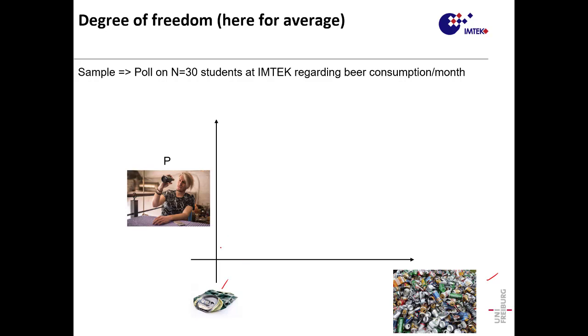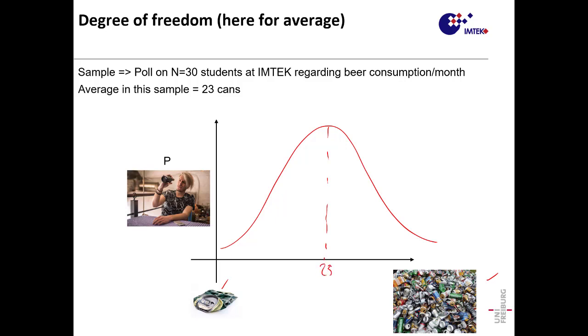And then maybe there's going to be some distribution, right? Some people in some way will drink differently. So let's say that on average you have 23 cans of beer drunk in a month, which is less than a beer per day, which I think is already good enough.